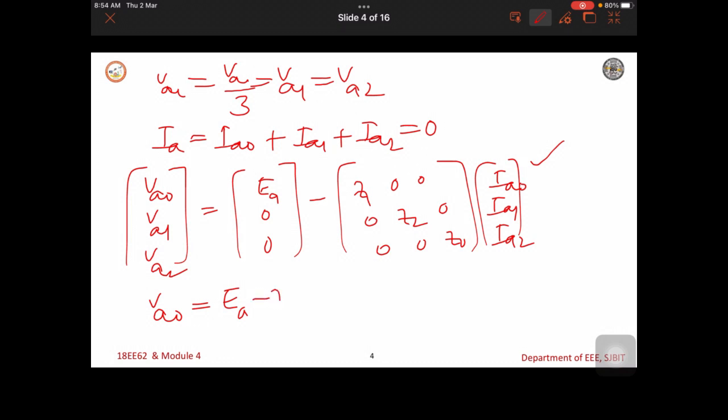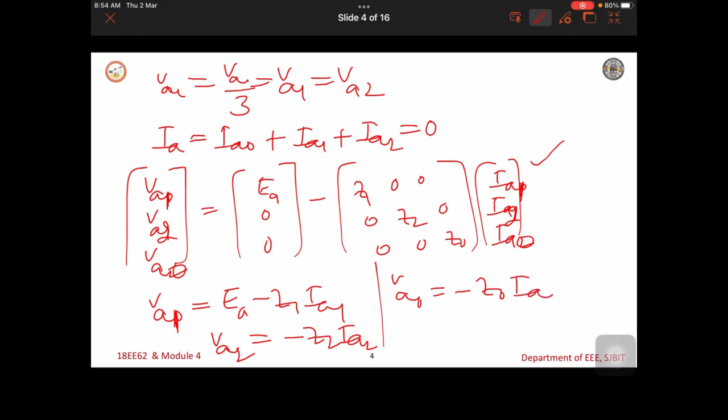So VA1 is EA minus Z1 IA1, VA2 is equal to minus Z2 into IA2, and VA0 is minus Z0 into IA0. From this you can get the expression for the currents.